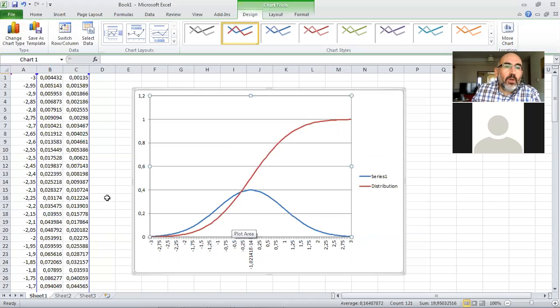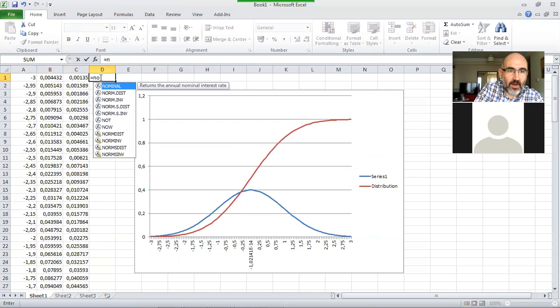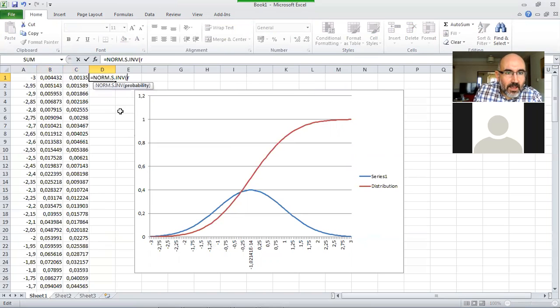So those are the two functions that can help us. If you ignore that true or false flag, that is the more practical form. Another form is the norm.s.inv function, which requires only the probability.